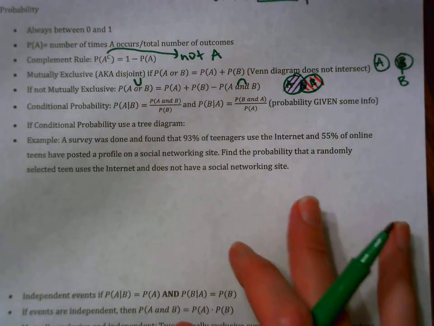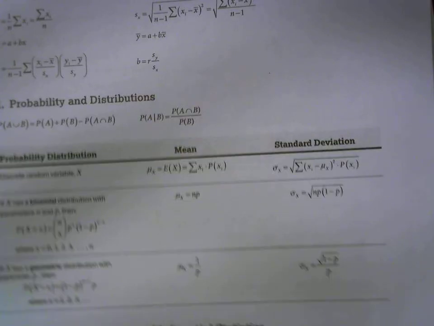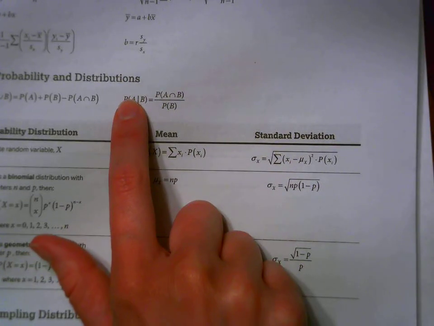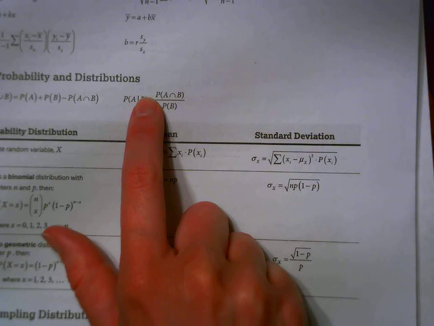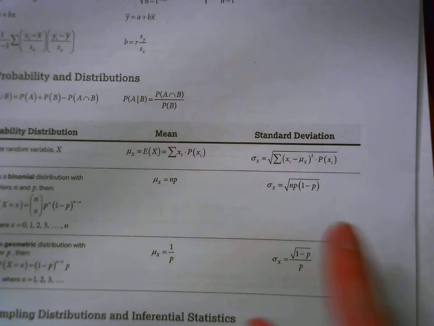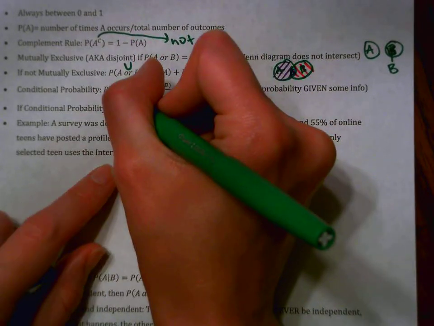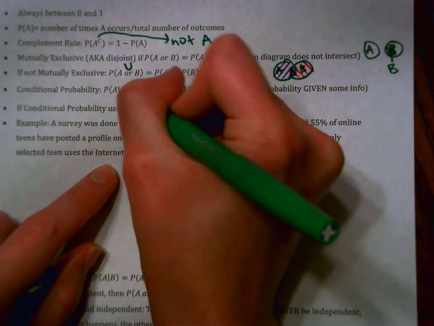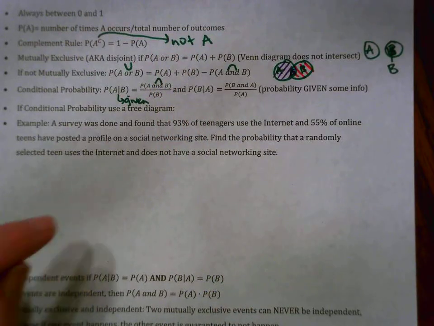So then our next formula is the conditional probability formula. So the probability of A given B, if they give you some type of information, then use this formula. And if you want to write, this symbol means given. And again, the AND would be an upside down U. And you could switch the order, right?